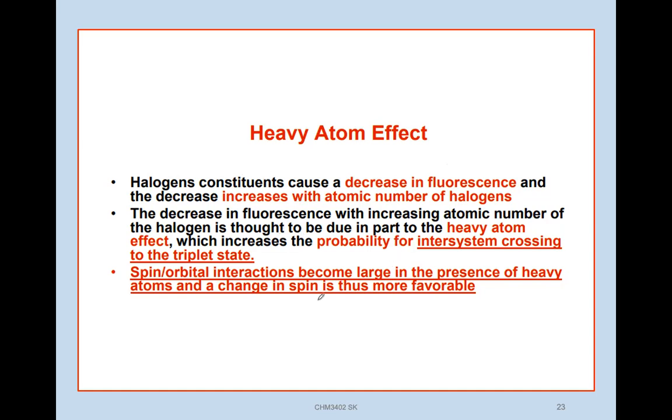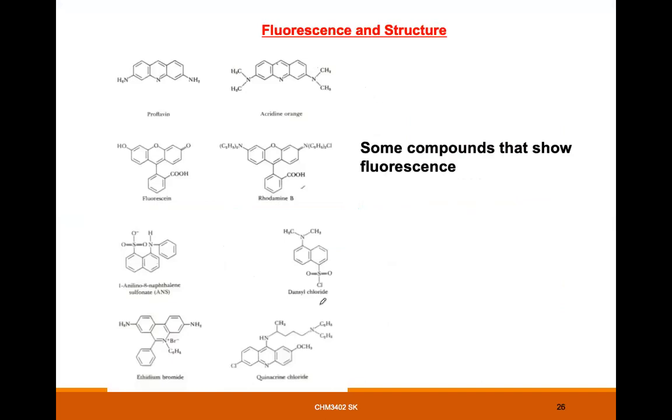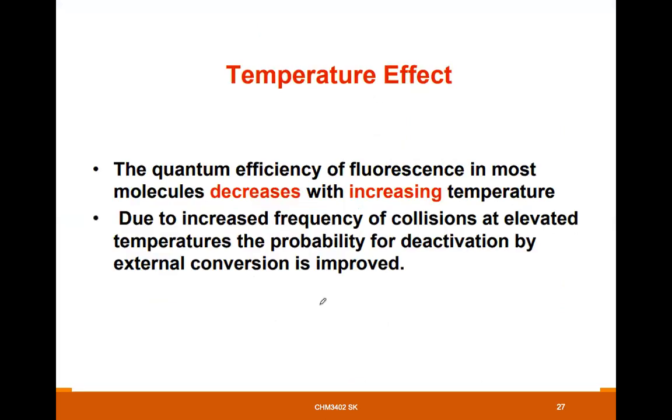So we do not want this to happen, as well as there are issues when you increase the temperature. The quantum yield of fluorescence decreases with increasing temperature, due to increased frequency of collision at elevated temperatures, so the probability for deactivation by external conversion is improved.